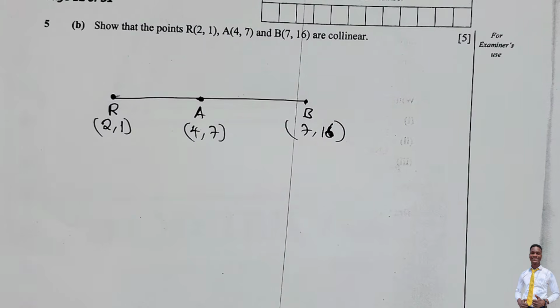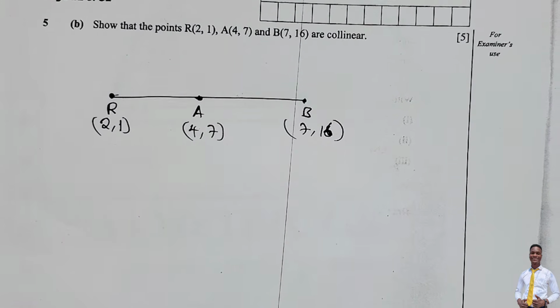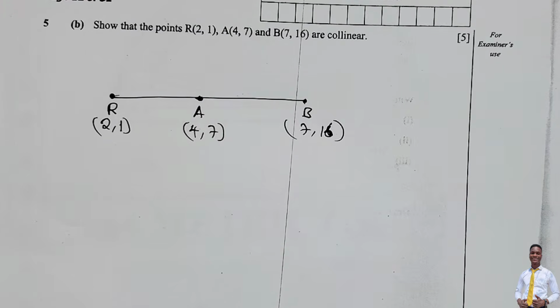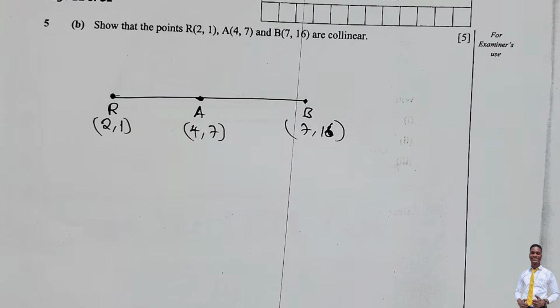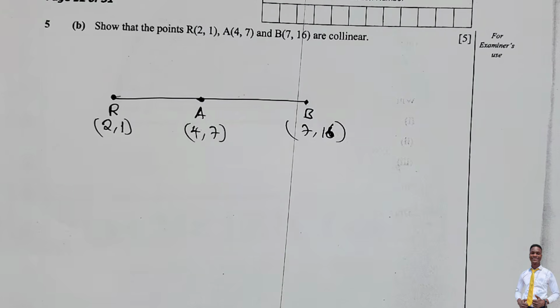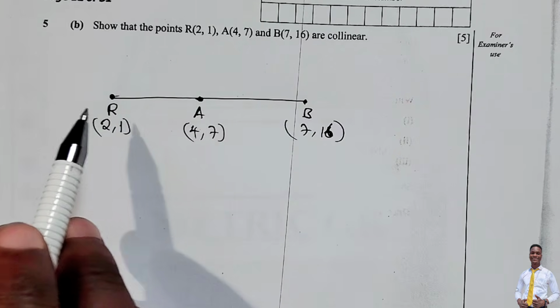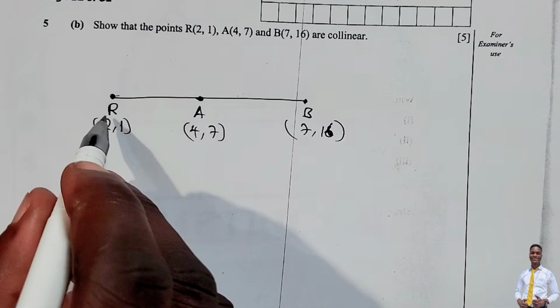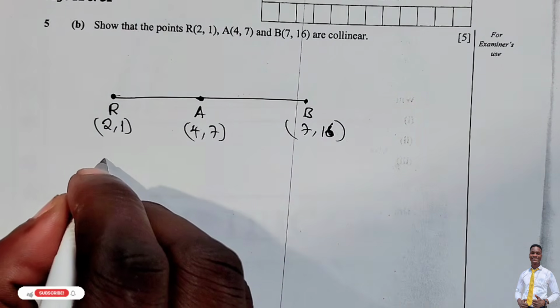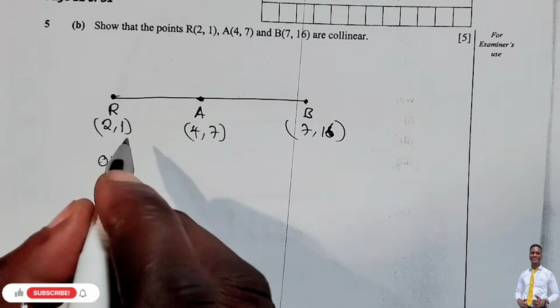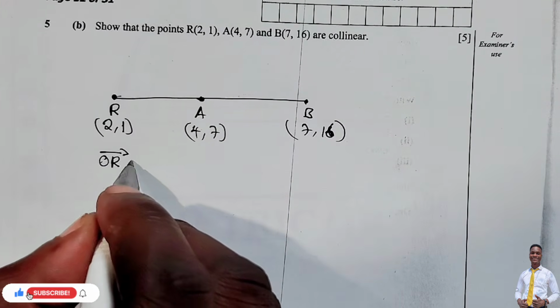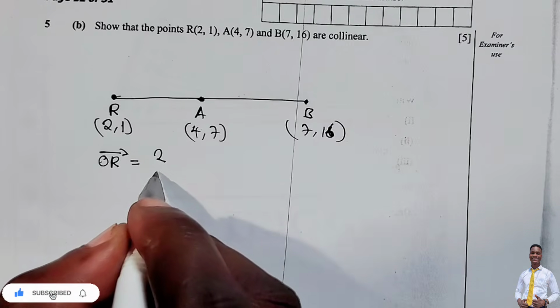There are different methods, but since this is collinearity, I'm going to show you using vectors. Remember that every vector has an origin. This point R, let me write in column form: OR is equal to 2, 1.